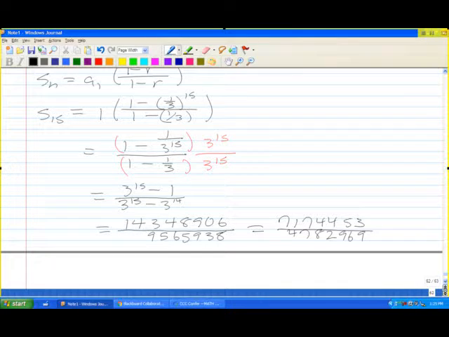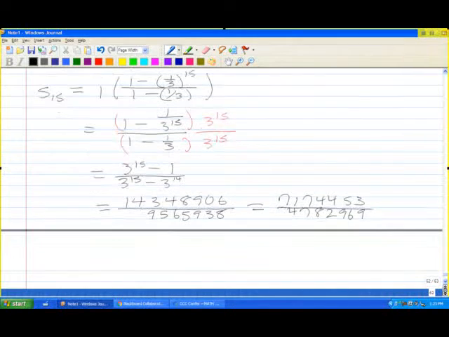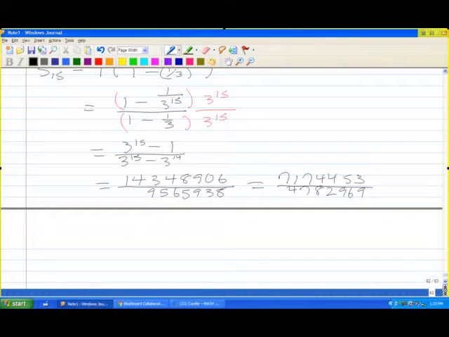I don't think you can divide by 3. That's 8, 16, 24, 31. Okay, so not divisible by 3. I don't think those are divisible by anything.